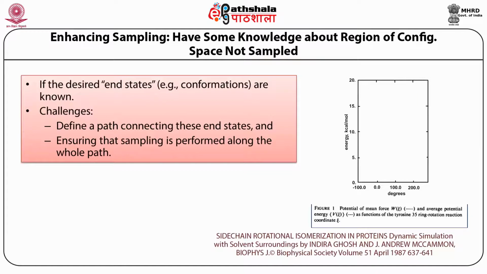Enhancing sampling when we know more or less the idea about the configuration space. So, known configuration space still gives a challenge because we don't know really how the path is connected. However, free energy being a state function, and it doesn't depend on the path, we should be able to happily take any path and the ensemble average can be done.